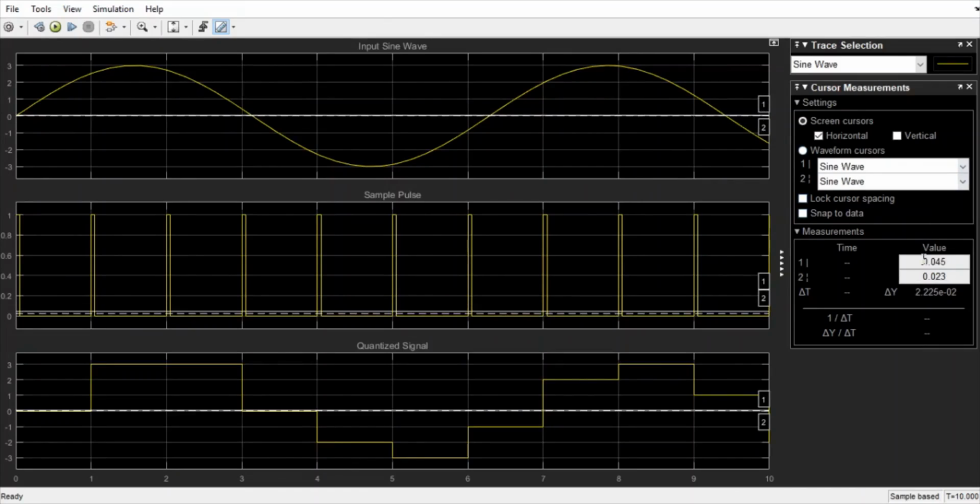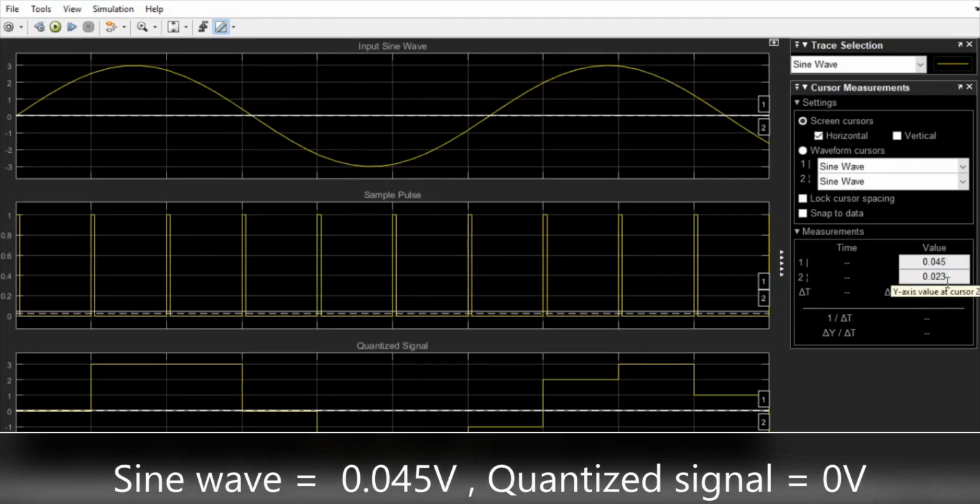So this is the value that you have to take. For the first cursor, just take 0.045. For the second cursor, the value that we want to take for the quantized signal, we have to take a discrete value, which means just round it to 0.